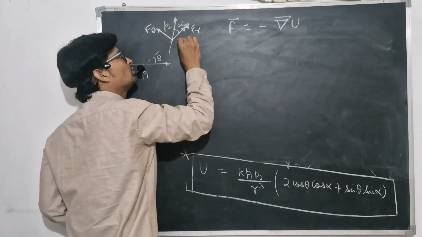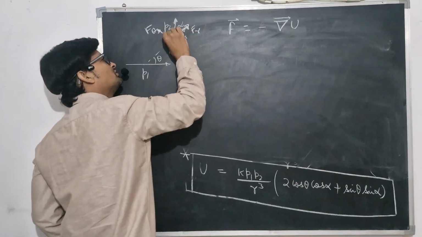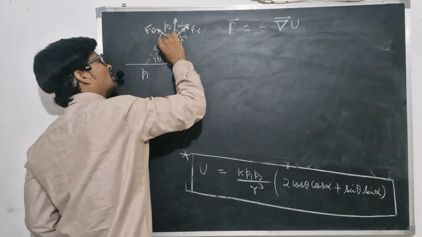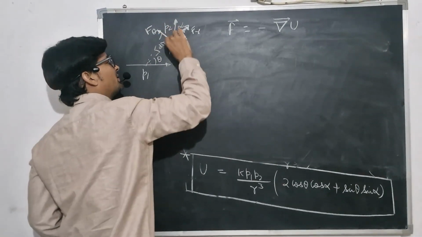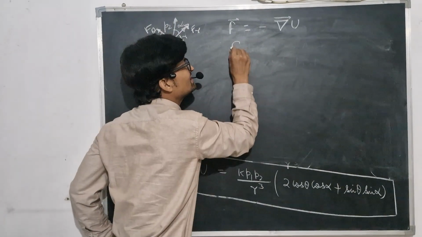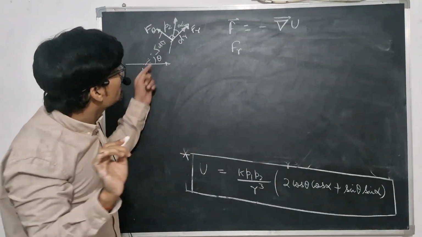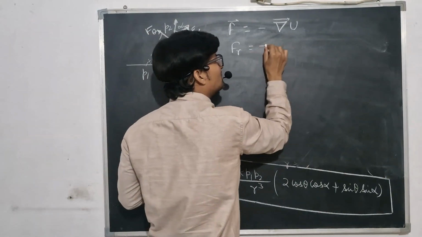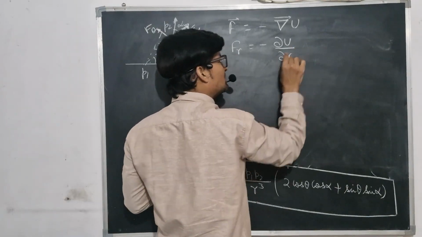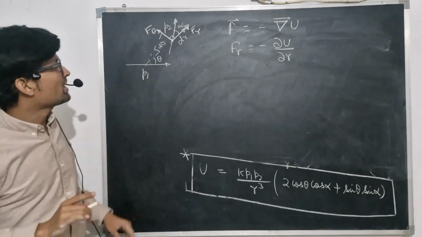This displacement is going to be dr. And if you go in this direction, perpendicular to this, what is this displacement? Because this angle is d theta, and this is r, this is r d theta, right? So if you are going in this direction, keeping theta constant, you can easily write Fr, the radial component of the force, is nothing but minus del u upon del r, keeping theta constant, right? Because you are moving in this direction.